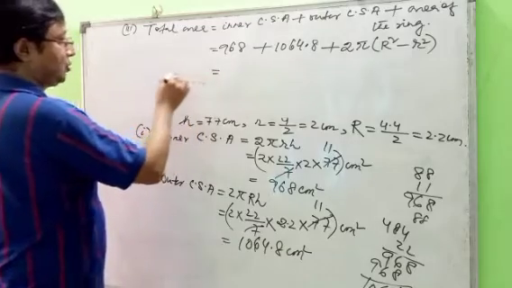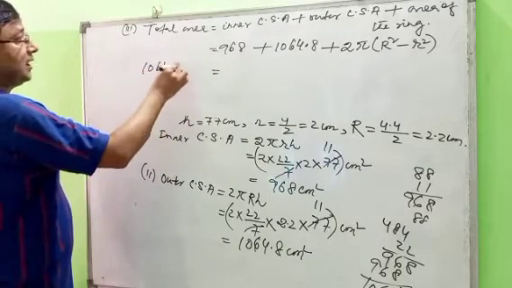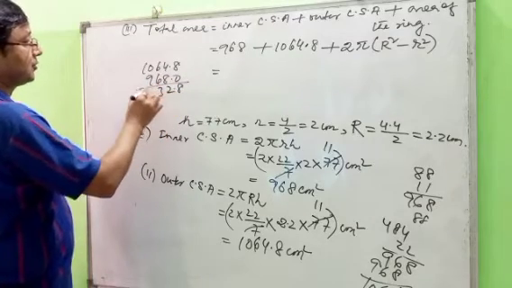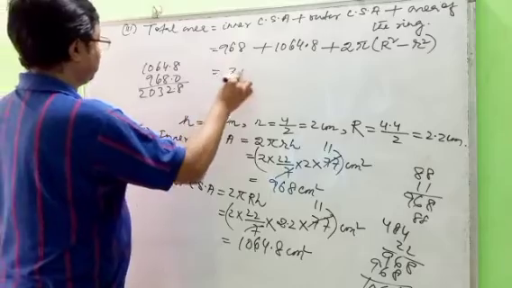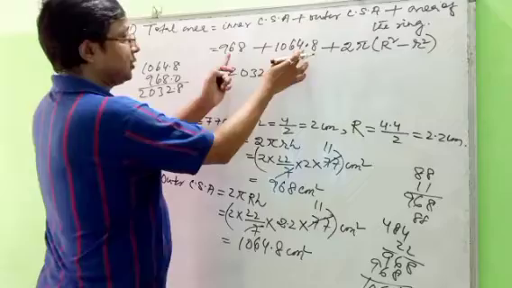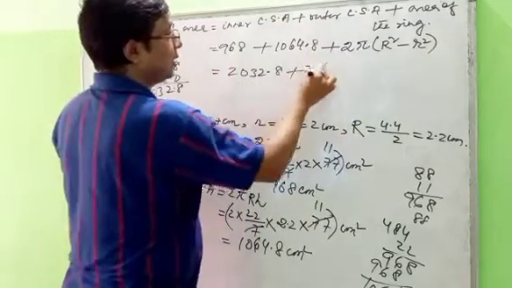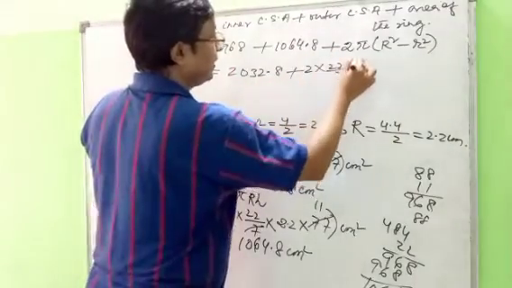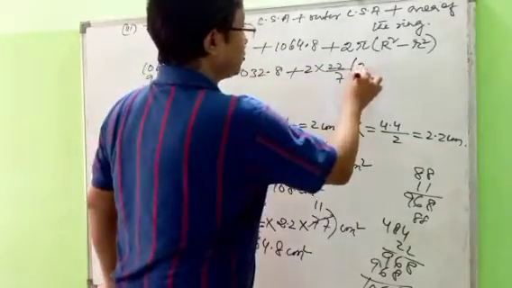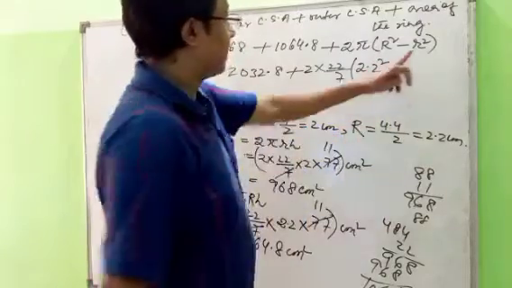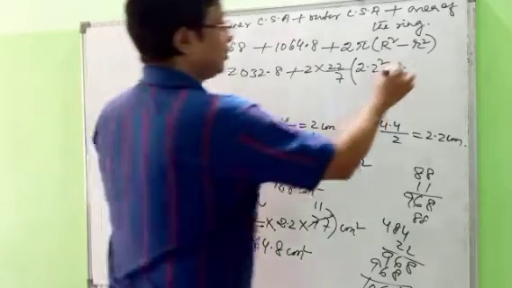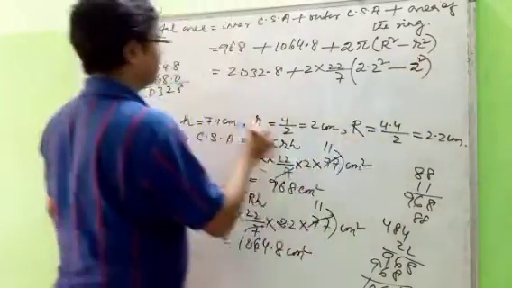So equals, 1064.8 plus 968.0, so it will be 2032.8, plus 2 into 22/7 into R square, where R is given 2.2, so 2.2 square, minus r square, where r is given 2, so it will be 2 square.